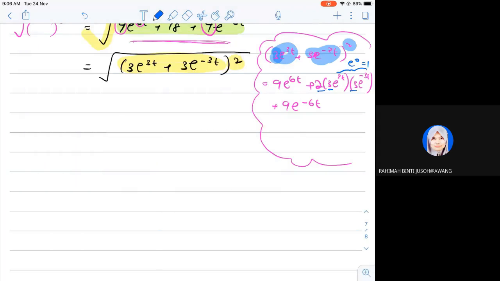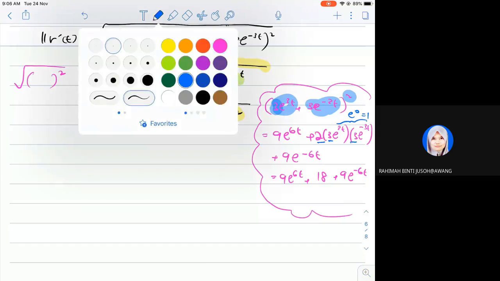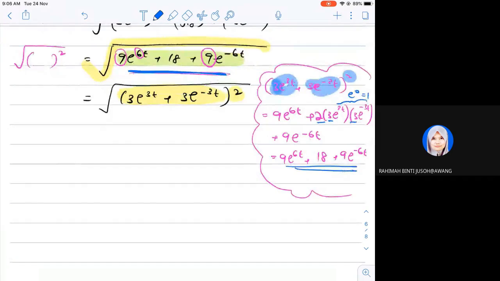So we will get 9 exponent 6t plus 18, because exponent 0 is 1, and then plus 9 exponent negative 6t. See? The value here is the same like this. So that's why we have to do some tricks here.